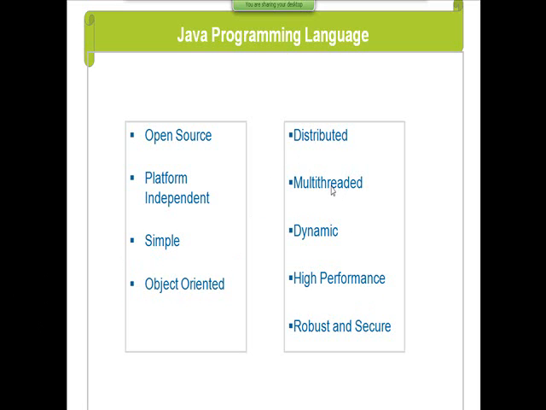It's a multi-threaded programming language where you can simulate more than one thread at the operating system level to efficiently execute the application processing logic. It's also very dynamic, high performance and robust, so you can develop applications that are very scalable, robust and very solid.